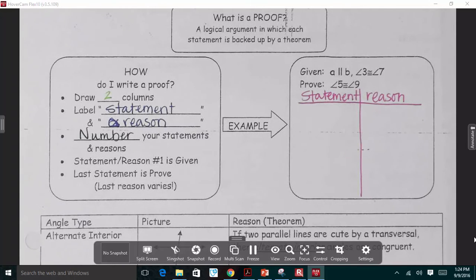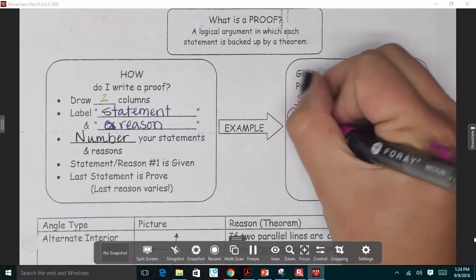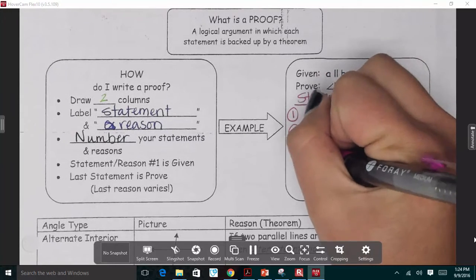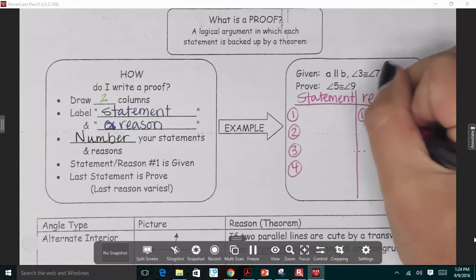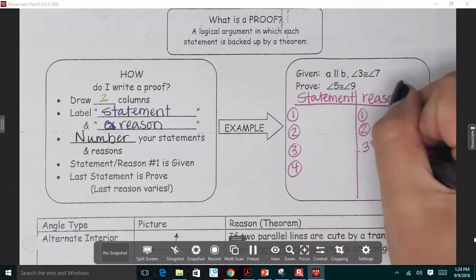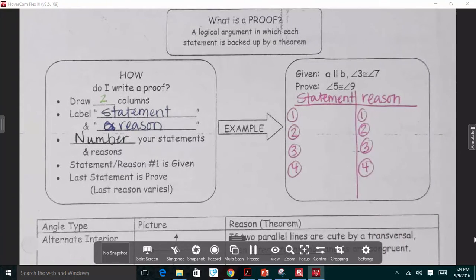Now, almost all of the proofs are going to be 4 steps. So we're going to label 1, 2, 3, 4 on my statement, 1, 2, 3, and 4 on my reason side.